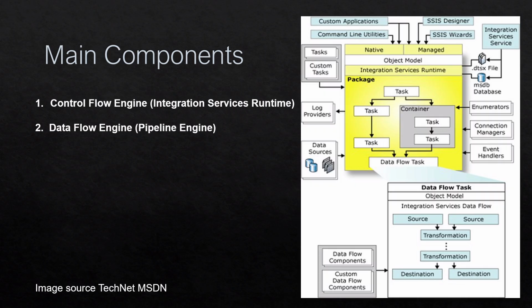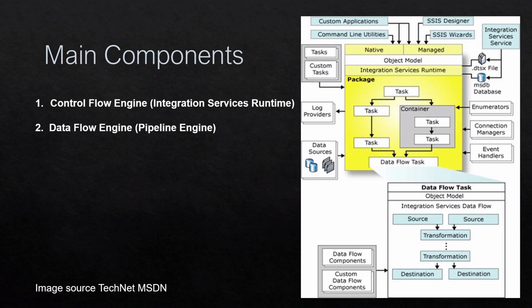Behind the scenes, the pipeline engine is the one executing the data flow. It manages data buffers, parallelism and ensures high performance when moving large volumes of data. So putting it all together, we have the control flow that defines the workflow, what to run and when.